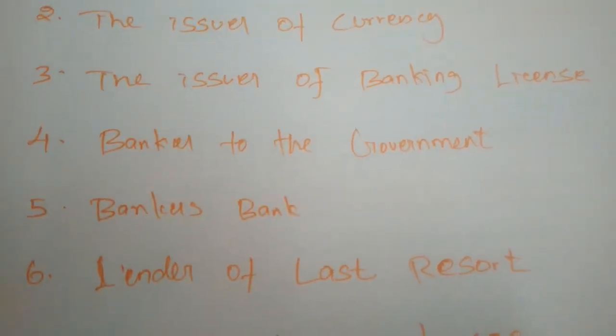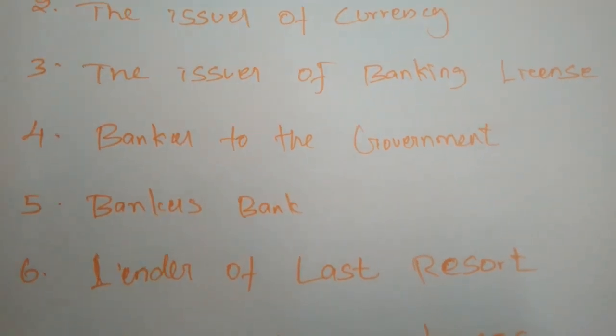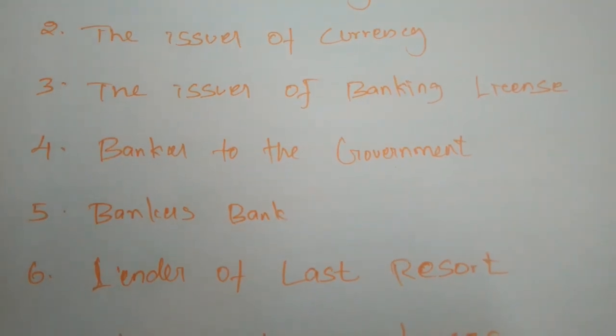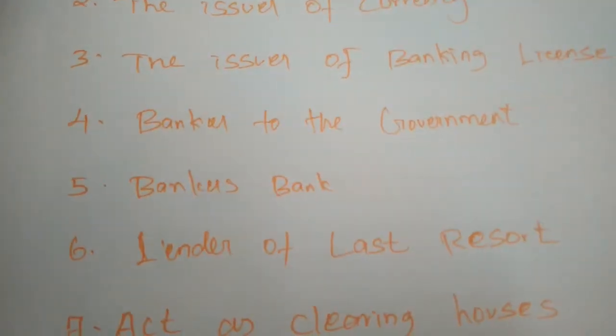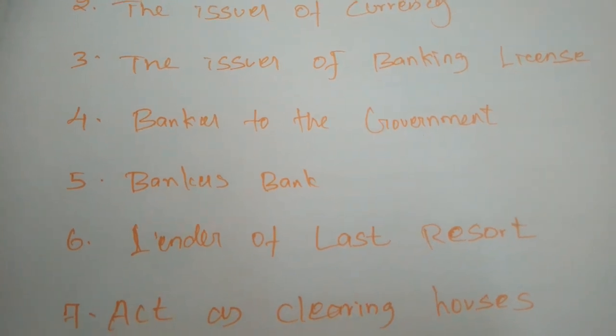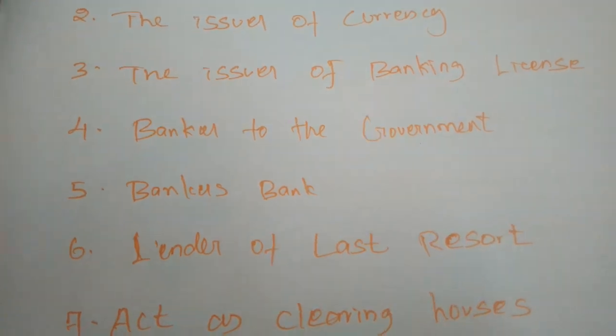So the Reserve Bank of India acts as a banker to both the central and the state governments. Both governments spend many expenditures, and on their behalf the Reserve Bank of India takes every step.